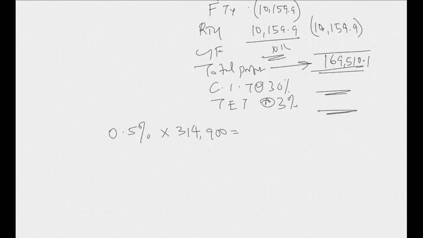Please, sir, how did you get the 0.5%? Haven't we done minimum tax in this class? It is 155,450, sir. It's 1,574.5.